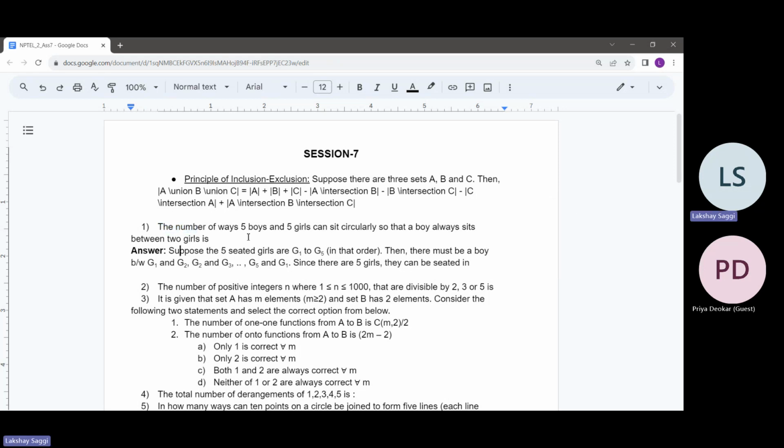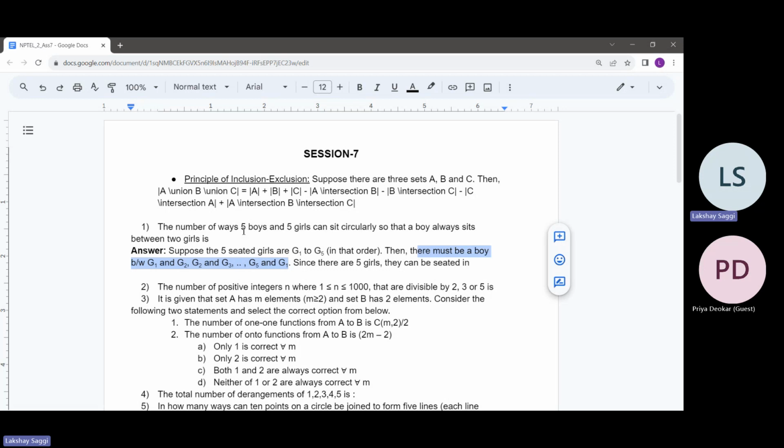So the question is that we are given 5 boys and 5 girls on a circular table, and we need to find the number of ways in which boys and girls can be seated so that a boy always sits between 2 girls. For counting this, the argument I'm claiming is that since there are equal numbers of boys and girls, there must be a boy seated between every pair of consecutive girls.